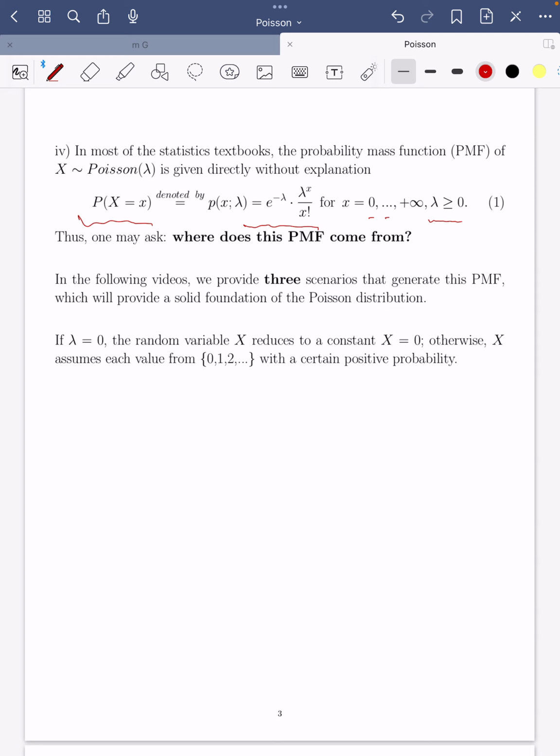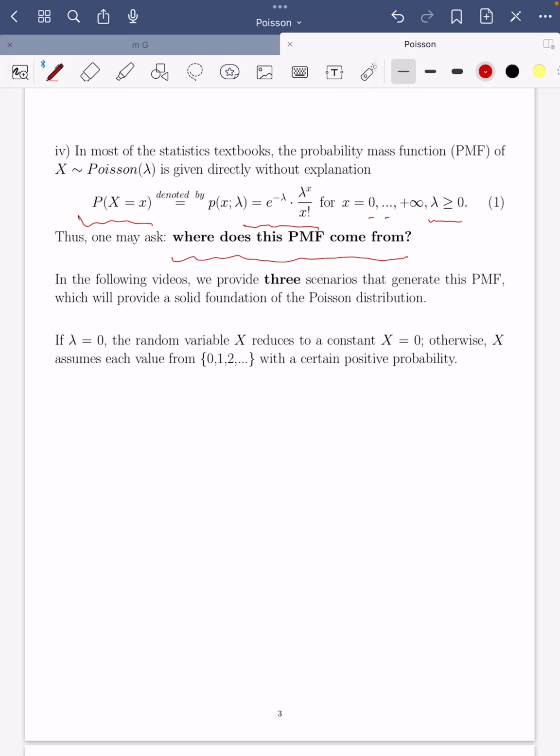So people may ask, where does this probability mass function come from? In the following videos, we provide three scenarios that generate this probability mass function, which should provide a solid foundation for the Poisson distribution.